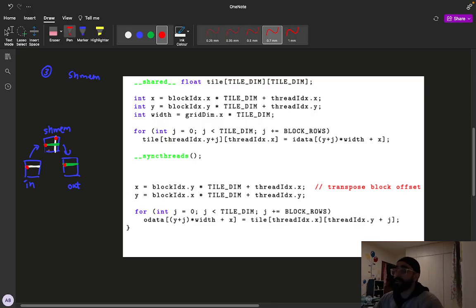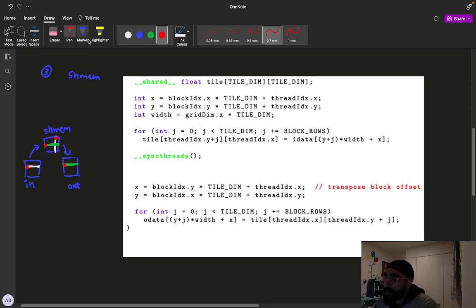Our discussion till now was assuming that the entire input matrix can be stored in the shared memory.